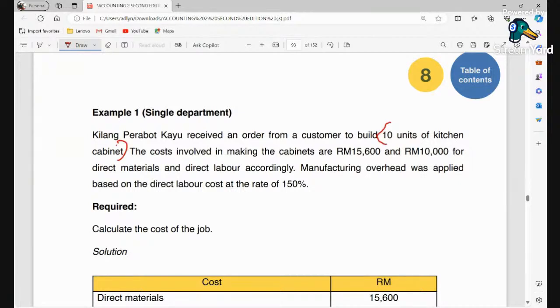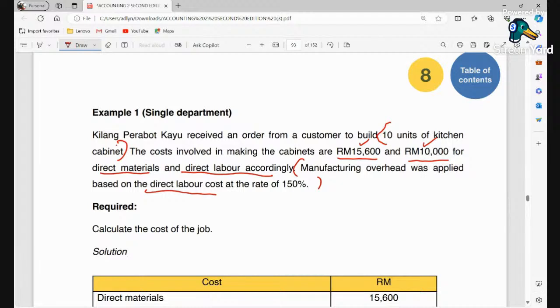The costs involved in making the cabinets are 15,600 and 10,000 for direct materials and direct labor accordingly. Manufacturing overhead dekat sini dia bagi the POR is already given, which is 150%, and the basis is direct labor cost.